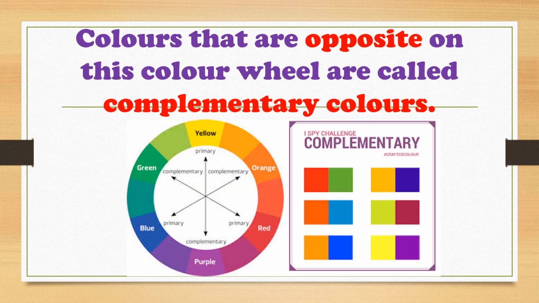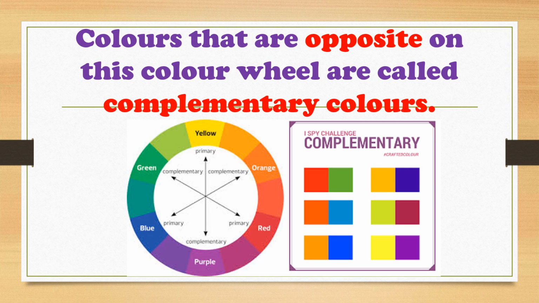Now it's time to colour in our cat. So we need to look at what complementary colours are. And if we have a look at our colour wheel, which is on our page right here, have a look at it. Complementary colours are ones that are opposite each other.